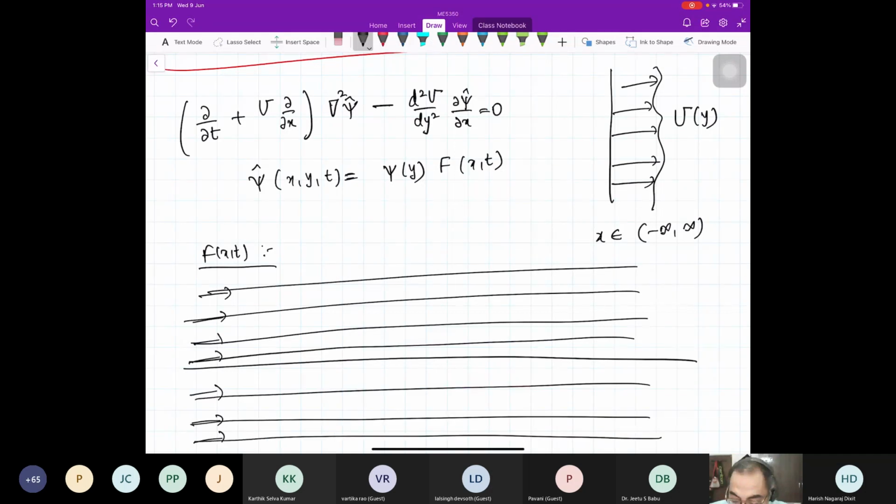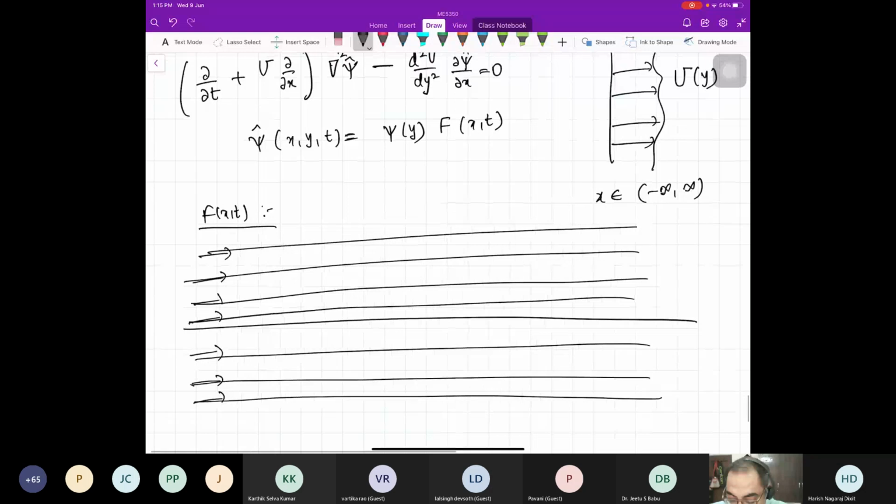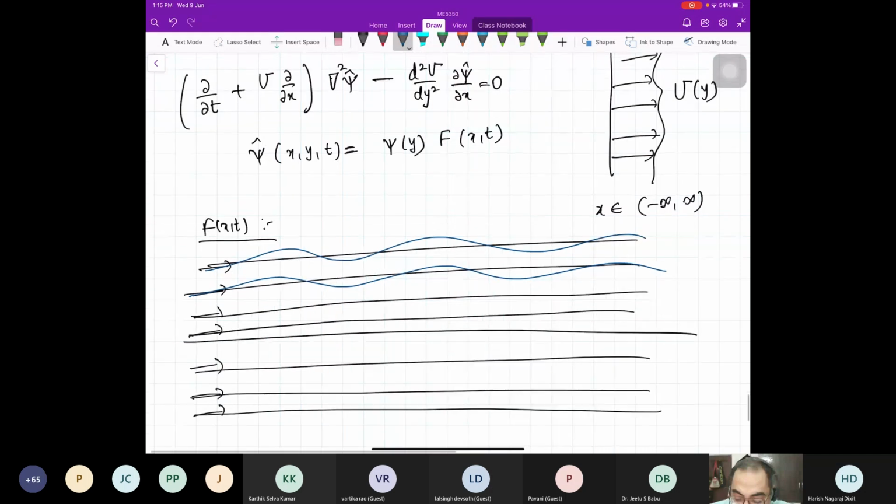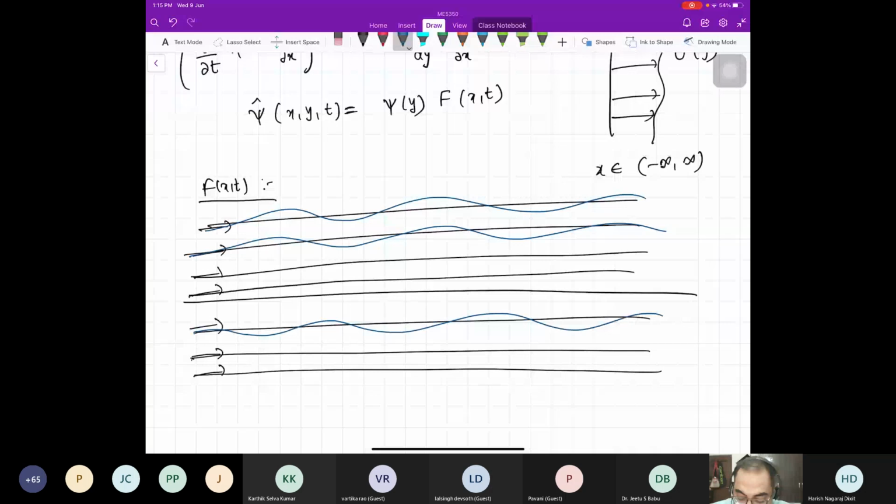Now I am going to introduce a disturbance to this flow at every location in space. I will say that these streamlines will be oscillating like this. It will not be uniform anymore.